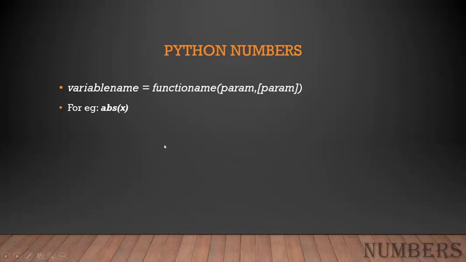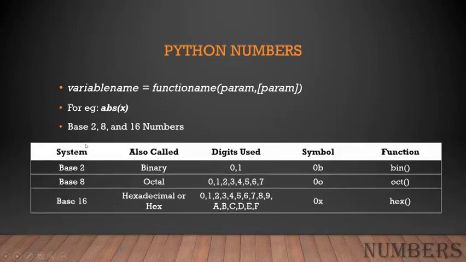We'll be working on absolute value, and we also have a few more conversions. If you are familiar with number systems, good; if you are not, do go and learn about number systems, a very basic concept. You have four types of number systems. We have base 2, which is binary, and base 8. Let me show you over here.